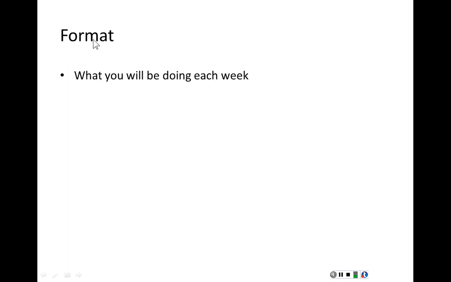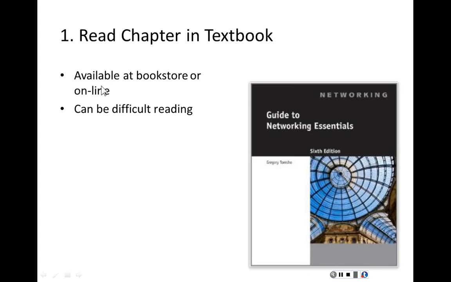Now let's talk about the format of the class, that is to say what you will be doing each week. The good news is I will let you know exactly what to do. Each week, you got 4 things to do. 1, you read the chapter in the textbook, which is available at the bookstore or online.